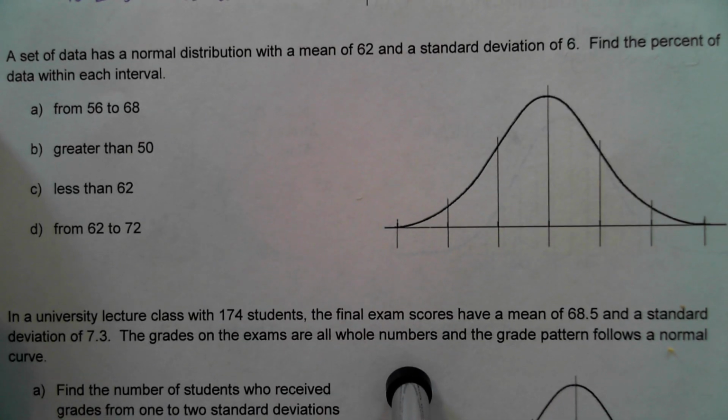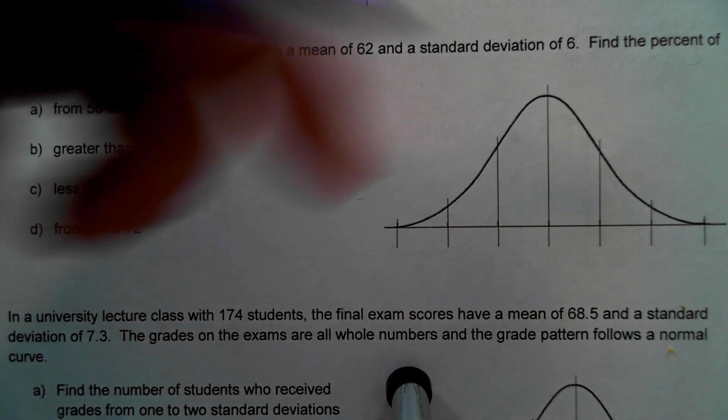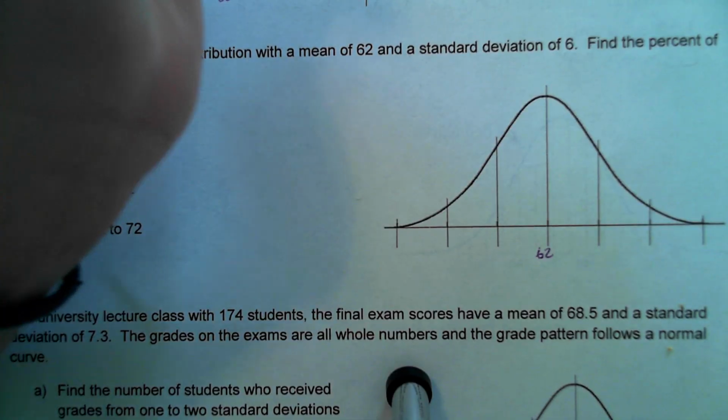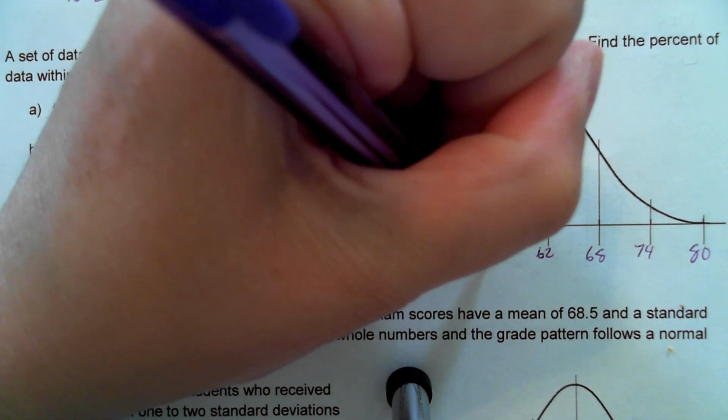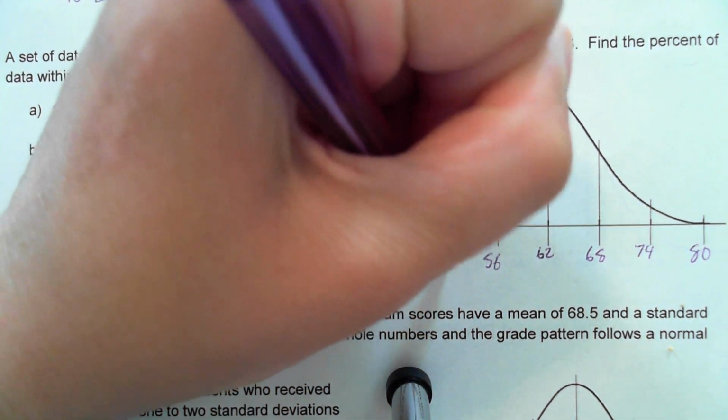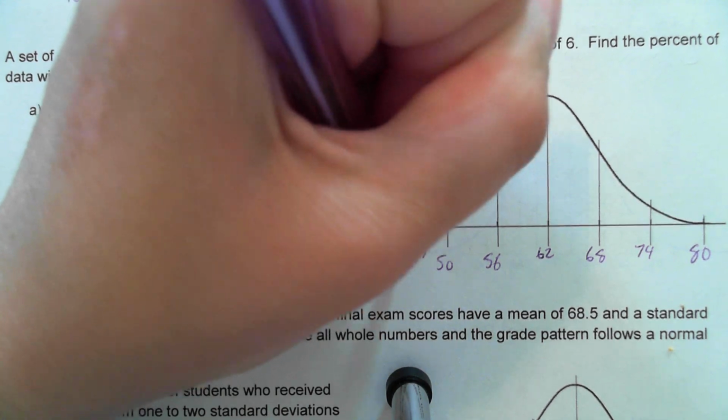So we know our mean is 62. So we're going to put that in the middle. Standard deviation is 6. So that's going to be 68, and then 74, and then 80. And then we've got 56, 50, and 44.